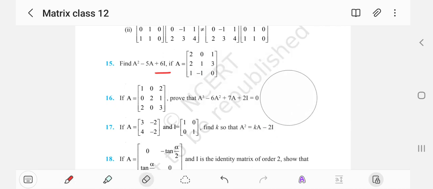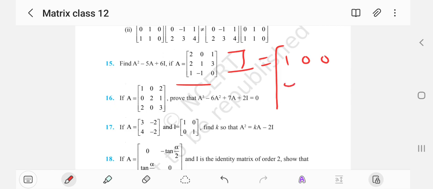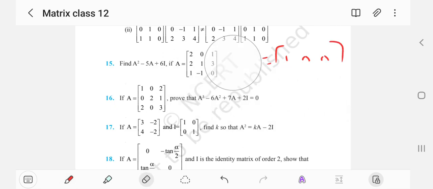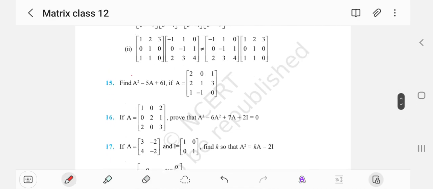Now in our case, since A is a 3 by 3 matrix, the identity matrix will also be a 3 by 3 matrix. We will consider this particular identity matrix, right? So we can very easily find all these separate parts and then add up to find the value of this equation. What will be the value of this equation? The value of this equation will also be a matrix.